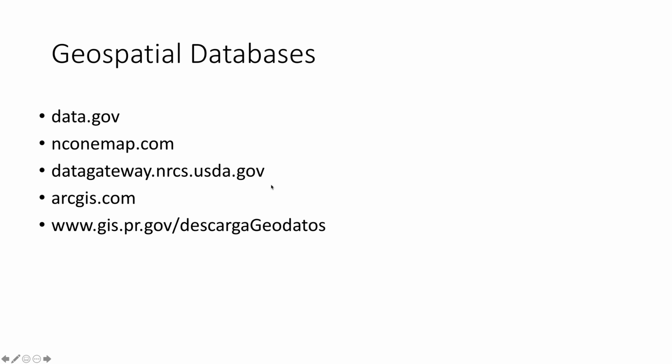This is a great resource here where you can download geospatial data. It could be for a county or it could be for a state. There's lots of different geospatial data you can pick from, ranging from streets to counties and watersheds. So there's a lot of different geospatial data that you can find on this website.